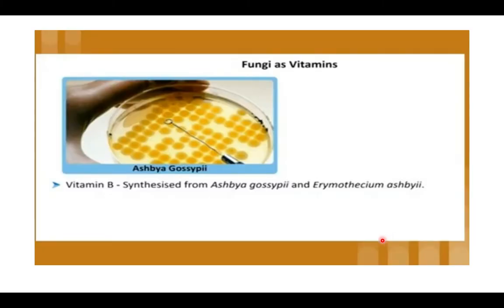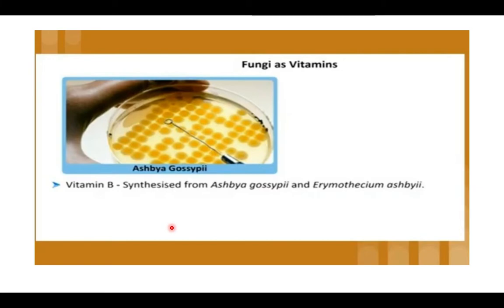And next, fungi are used in the productivity of vitamins, namely Ashbya gossypii. Vitamin B is synthesized from Ashbya gossypii and Eremothecium ashbyii. These are helpful in the productivity of vitamins.